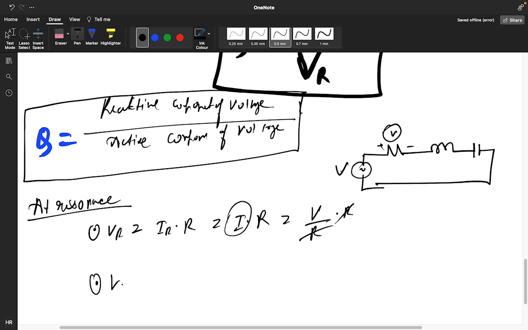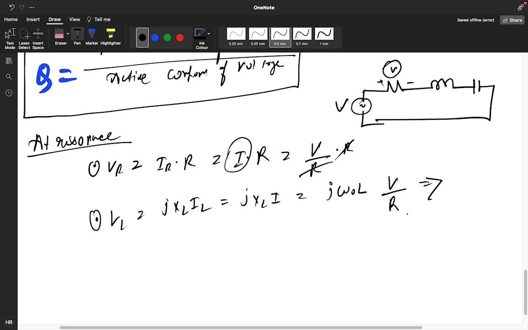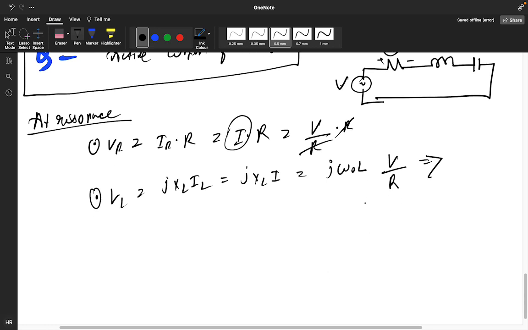And your VL voltage is JXL into I, that is JXL as omega naught into L, and I as V by R. So omega naught into L by R, this particular term was the quality factor. So we can write it like this: JQV.